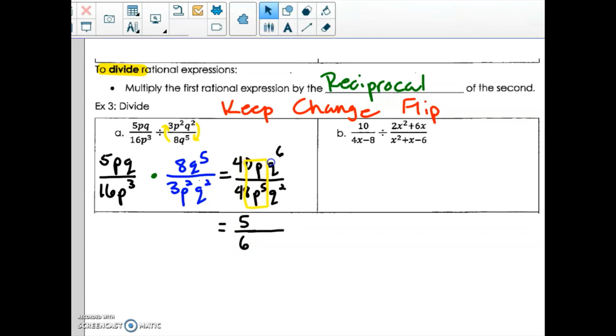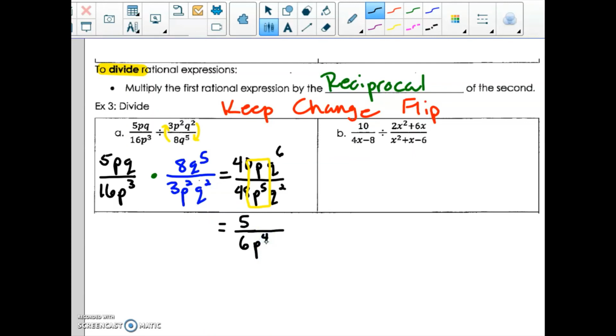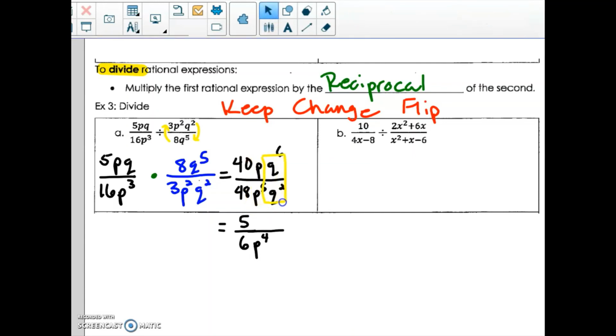Slide this over and do the p's. We'll have p to the fourth on the bottom because 5 minus 1 is 4. There's more p's on the bottom than there are on the top, so the answer goes on the bottom.